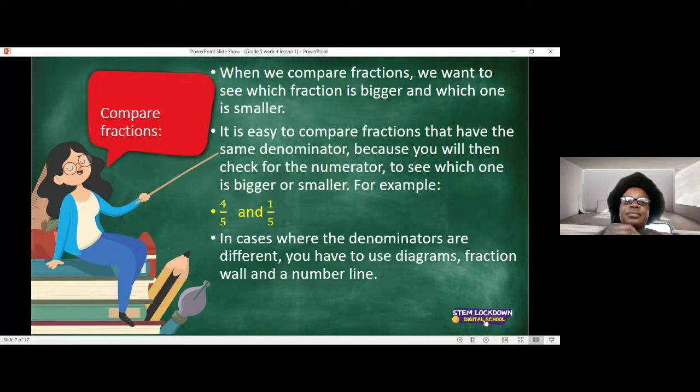In term 3, when you do fractions again, you'll be able to use what I call an abstract method, a method without using concrete manipulatives. You won't use a diagram, a fractional or a number line, you're going to calculate them. But now I want you to understand, so we're going to use diagrams, a fractional and also a number line.